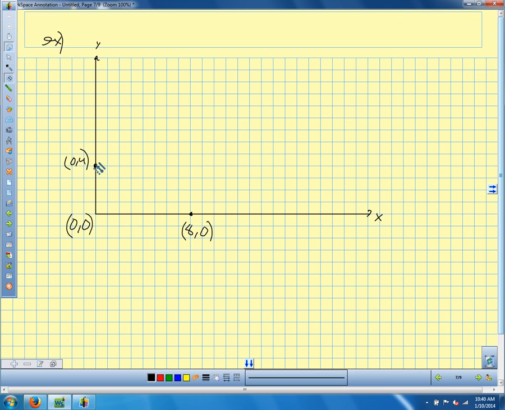So there's my triangle. And the question says, find the circumcenter of this triangle on this graph.